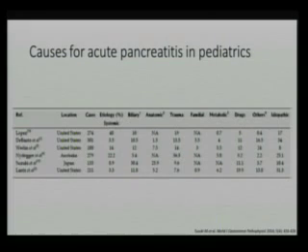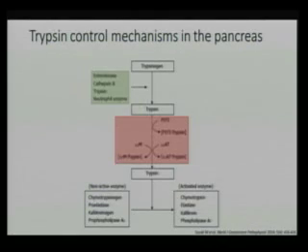And here is a table where you have the percentage of all the types of causes of pancreatitis in several meta-analyses here in the US and outside. Of course, Japan will be the leading cause for anatomical problems, like biliary and other things. And then, pretty much it's scattered all around, okay? But these are some of the things that we need to think about when we're dealing with pancreatitis patients.